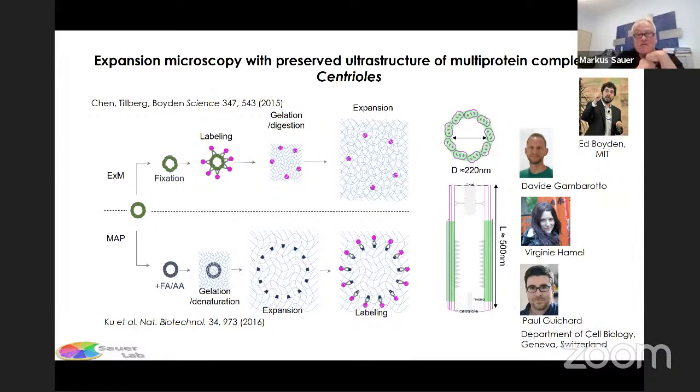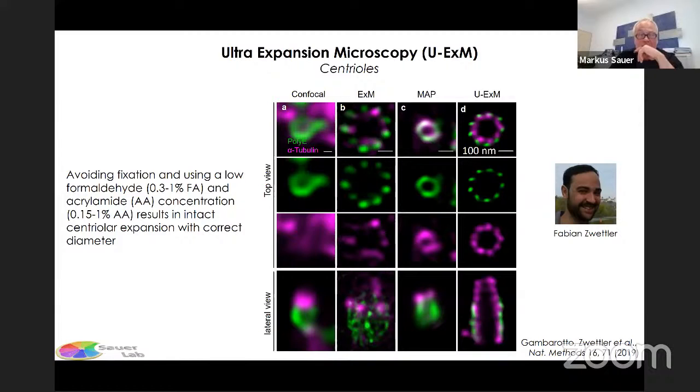And this we investigated in more detail together with Paul Guichard and Virginie Hamel from Geneva and with Davide Gambarotto in a project on centrioles. And we found, at that time Fabian was doing the work in my lab, that in order to expand centrioles isotropically and produce reliable confocal images of fourfold expanded centrioles via post-expansion labeling, you have to use very mild fixation.